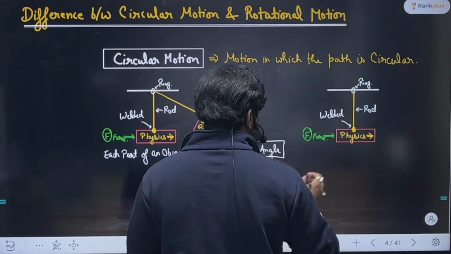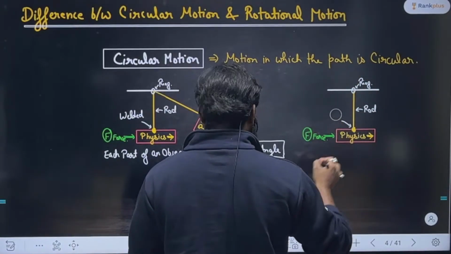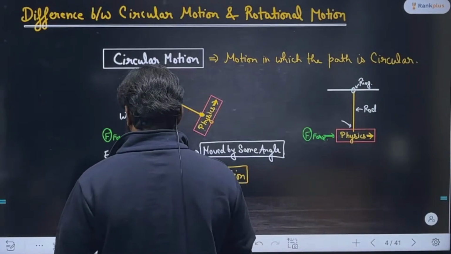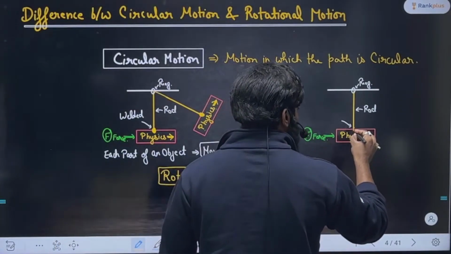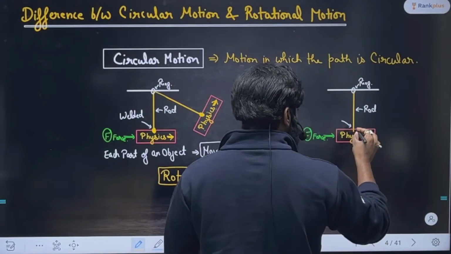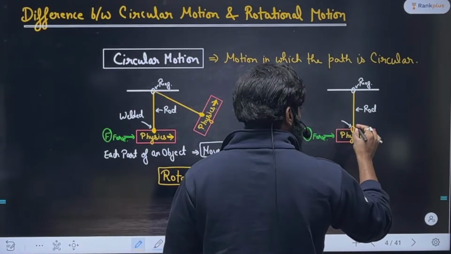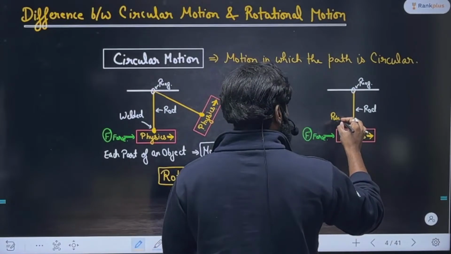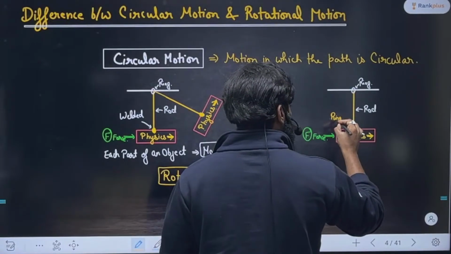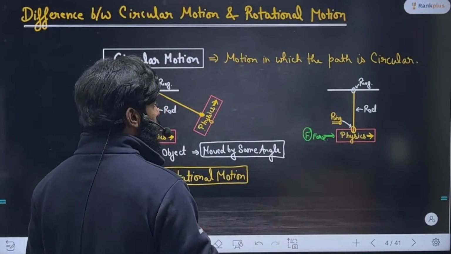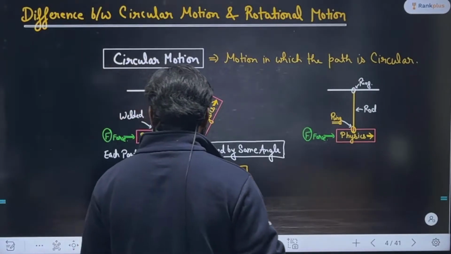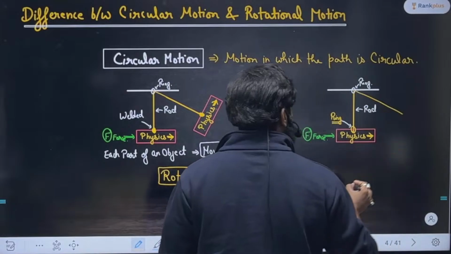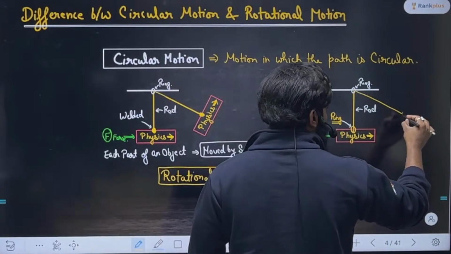Now this time it's not welded. There is another ring here. And if you move this, if there is a ring, then what will happen?